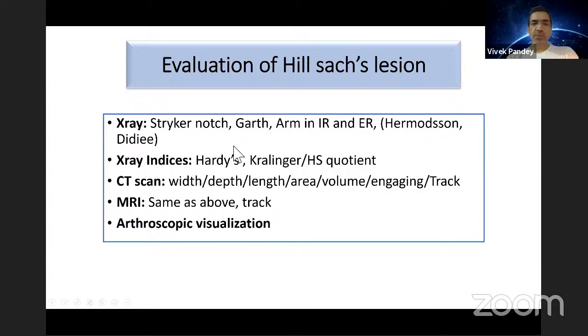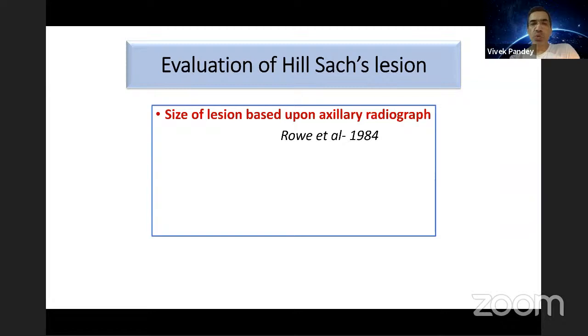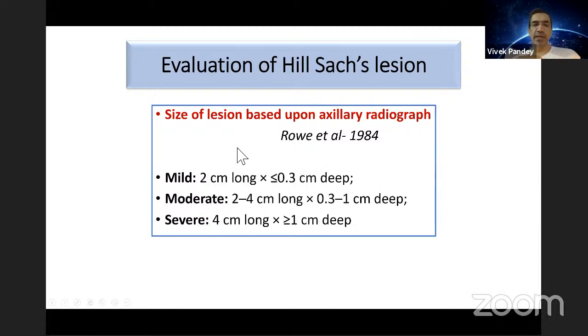There are various ways by which you can evaluate. There are just the X-rays, then you can have some indices, you can do the CT scan, MRI, and lastly, as Samir and others were trying to emphasize, the role of arthroscopy. The size of the lesion was first described by Rowe et al., based upon the axillary radiograph, where he classified it as mild, moderate, or severe.